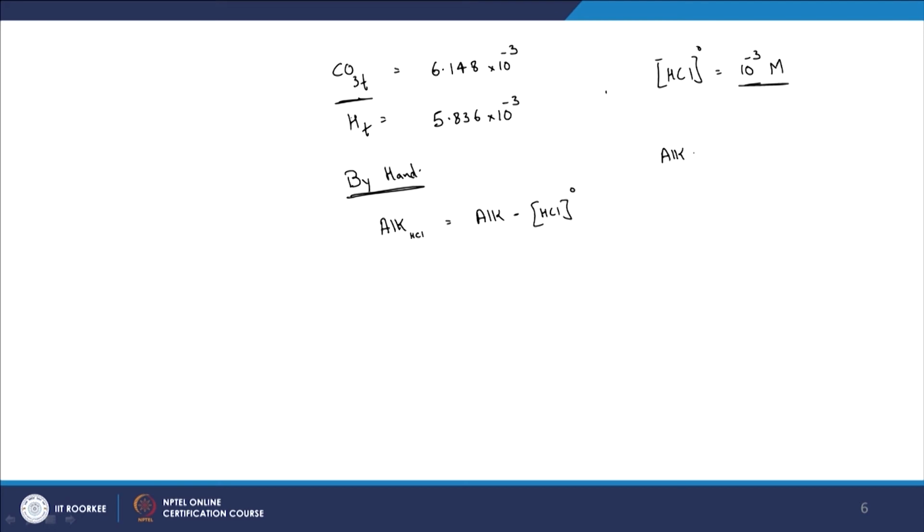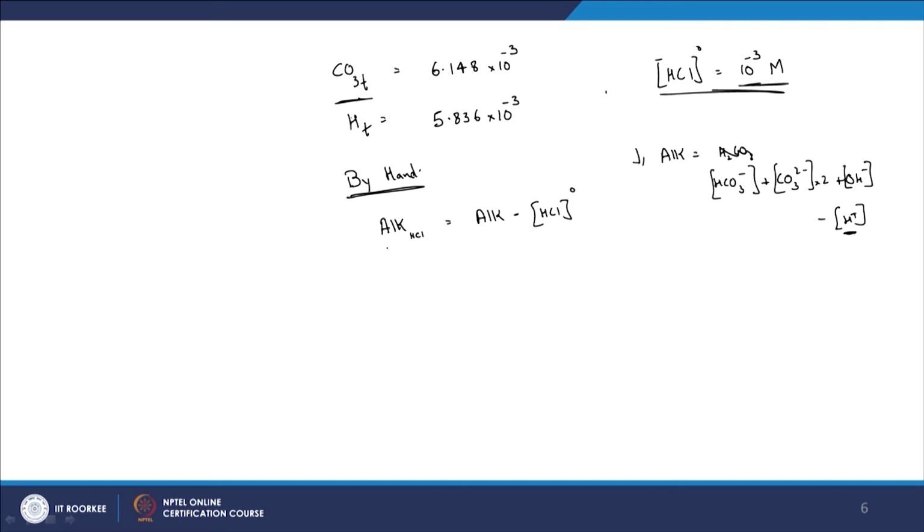Alkalinity is, the equation was, HCO3 minus plus CO3 2 minus into 2 plus OH minus minus H plus. So, when I am adding HCl, what does that mean? That means I am increasing the concentration of H plus, or adding acid here. So that means alkalinity is going to decrease.